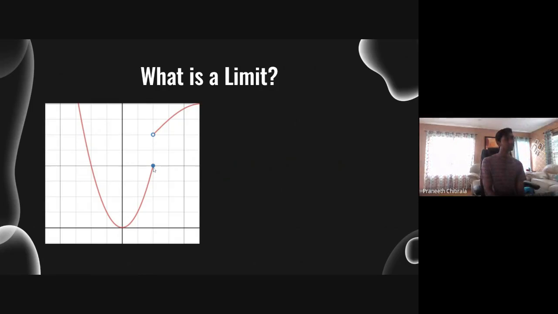But what happens if we approach this x value very closely from either the left side or the right side? Let's go very close to this x point from the left side.